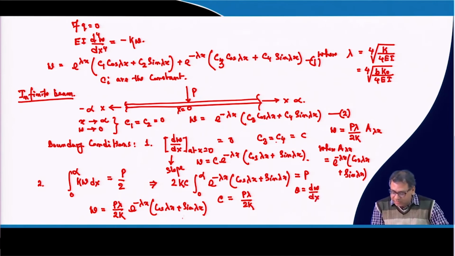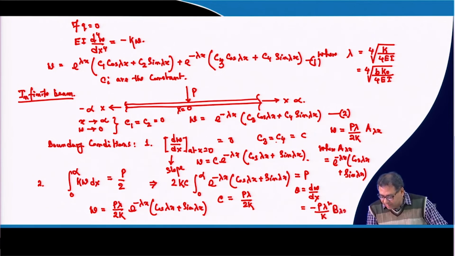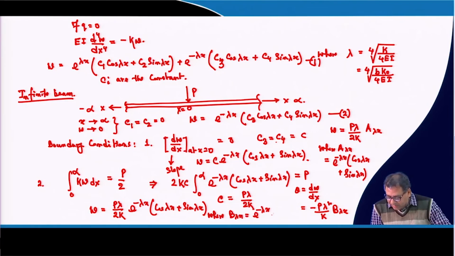I have the w equation, now you take dw/dx, then you will get the slope, and the slope comes out to be minus P lambda square by k into B lambda x, where B lambda x will be e to the power minus lambda x into sin lambda x.